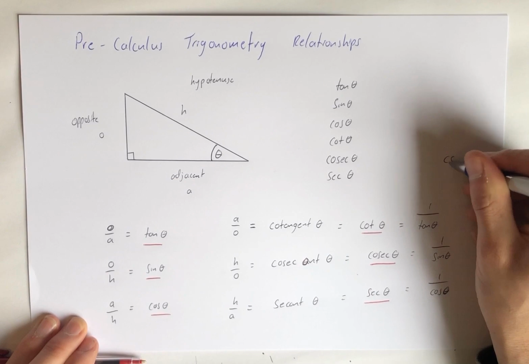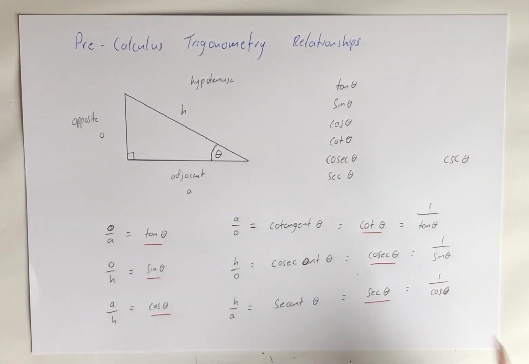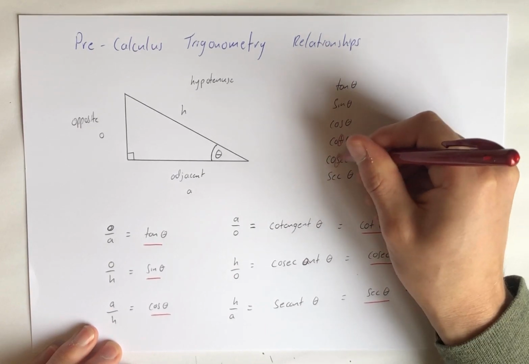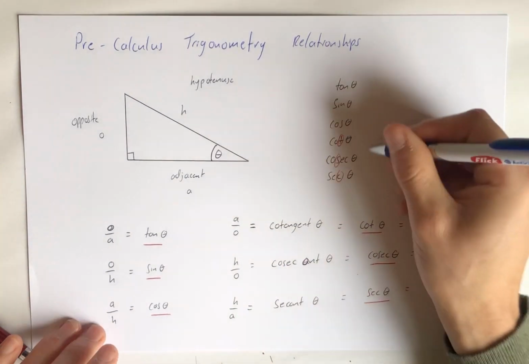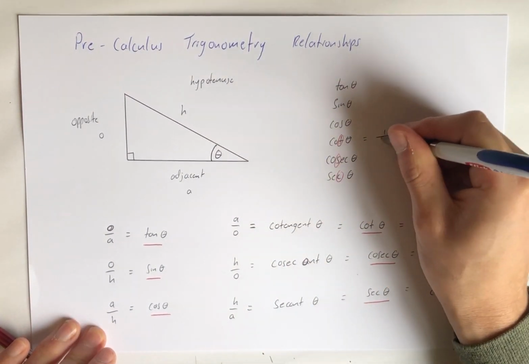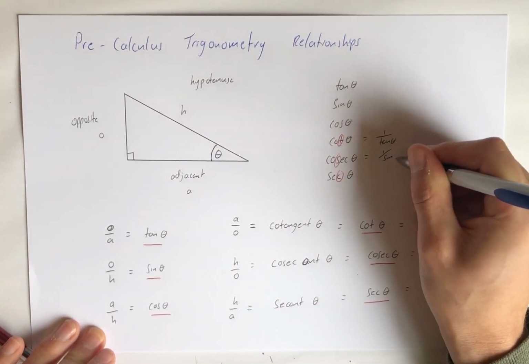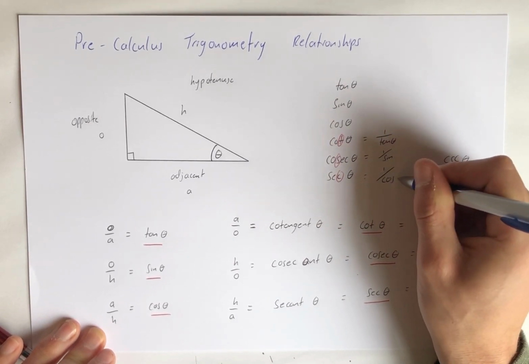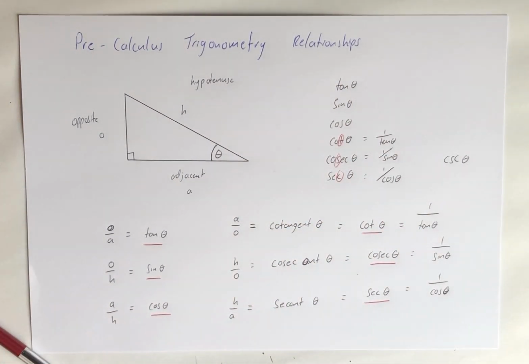Sometimes cosec is written as CSC. The way I remember these, you won't have to remember them because you'll get a formula sheet, but I take the third letter of all these new ones, and that tells me what it's 1 over. So cot is 1 over tan, cosec 1 over sine because of the s, and sec 1 over cosine. So the reciprocal is different to the inverse function.